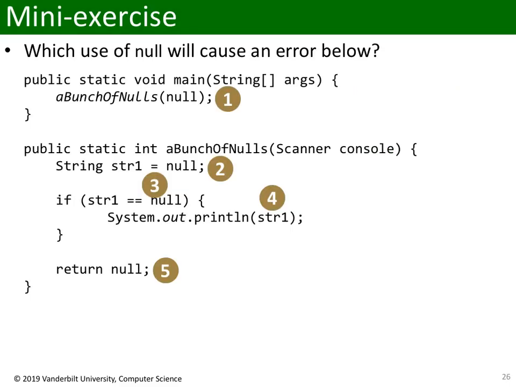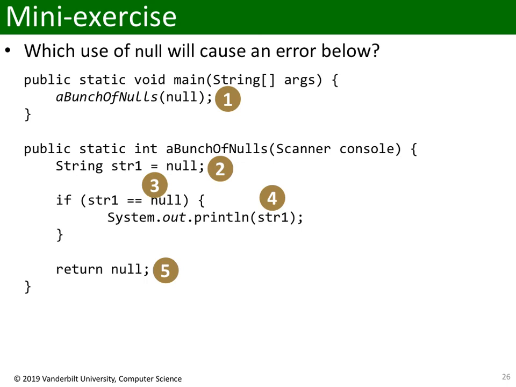So we'll end with a mini exercise. Pause the video, take a moment, and identify which of these uses of null is going to cause an error. So let's take them one by one and evaluate if it's okay.